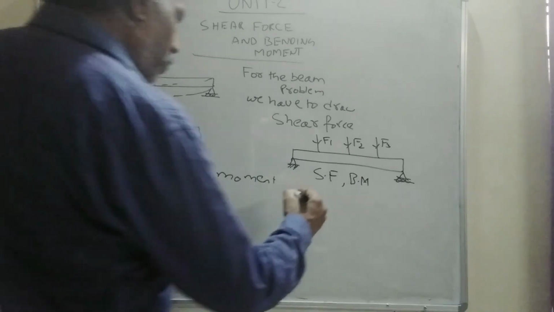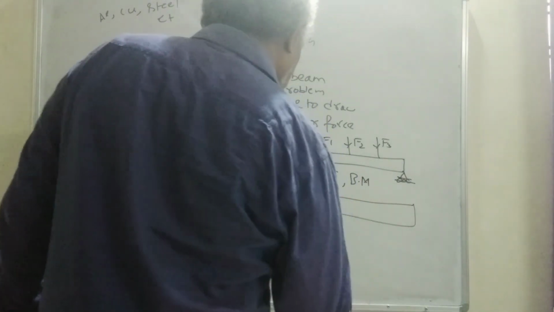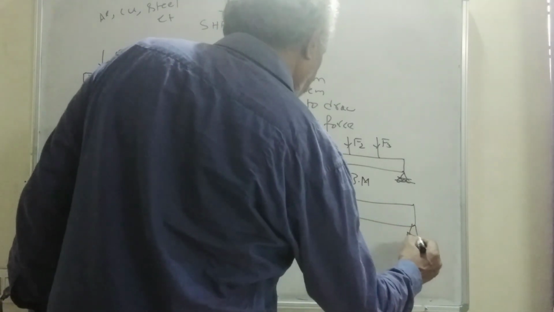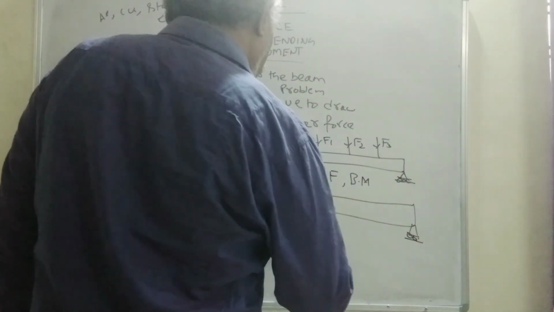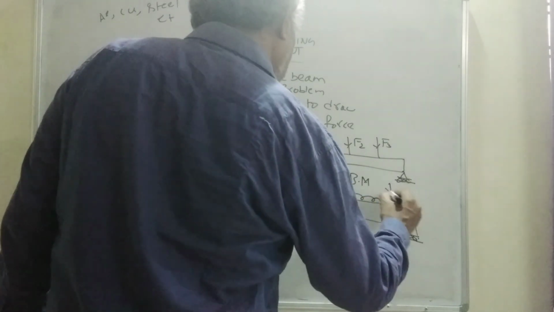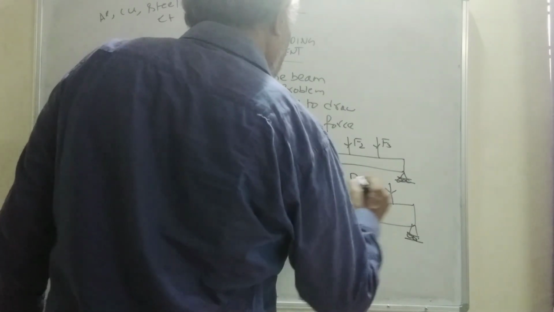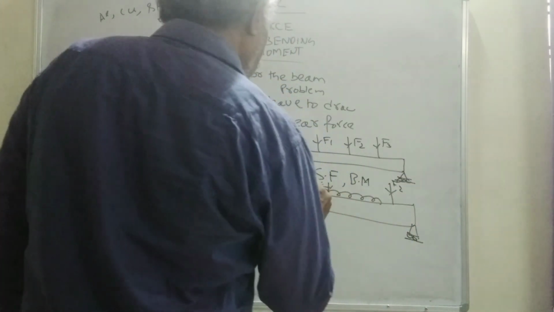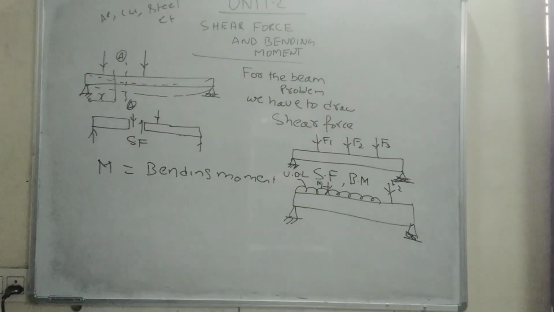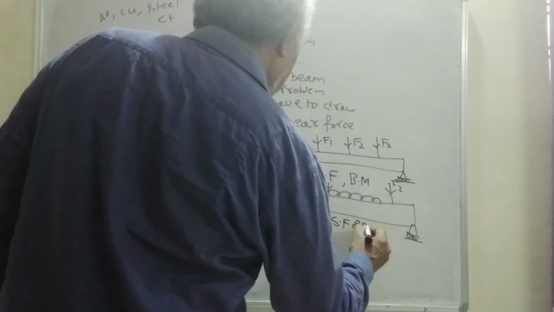For the same simple beam with fixed support and roller support, we have a uniformly distributed force up to some distance and several forces at various locations, F1, F2, and so on, and uniformly distributed load. For this particular beam, draw the shear force and bending moment.